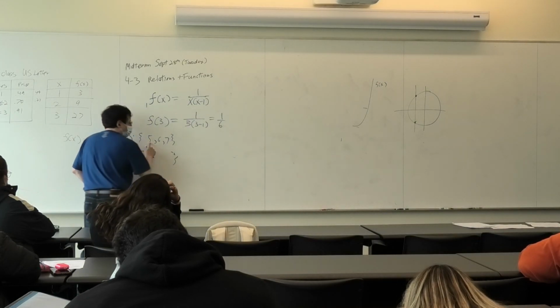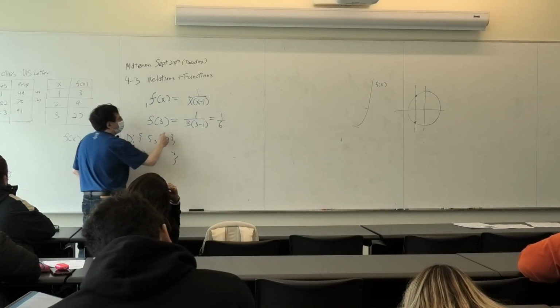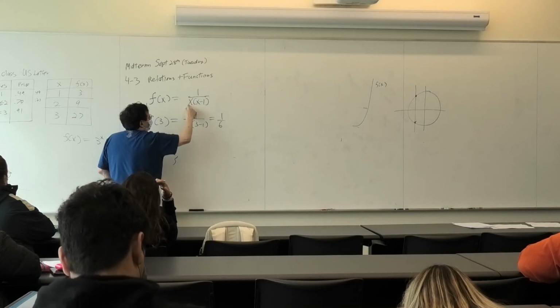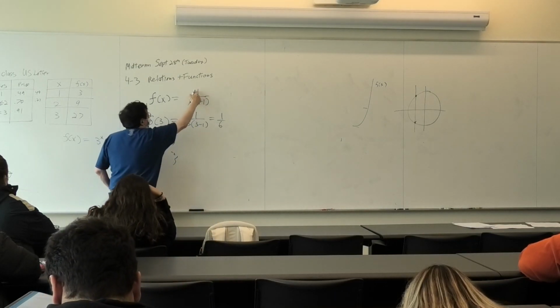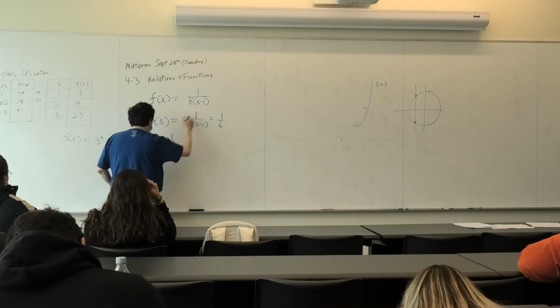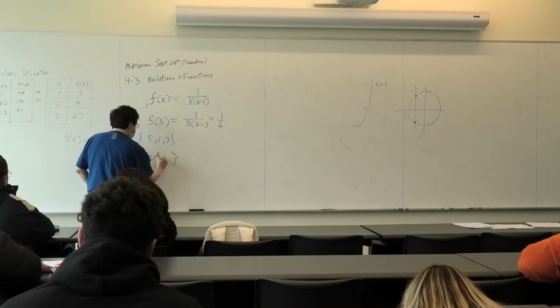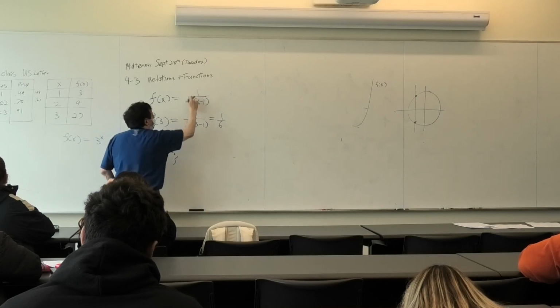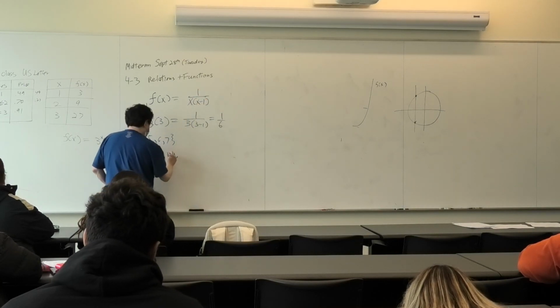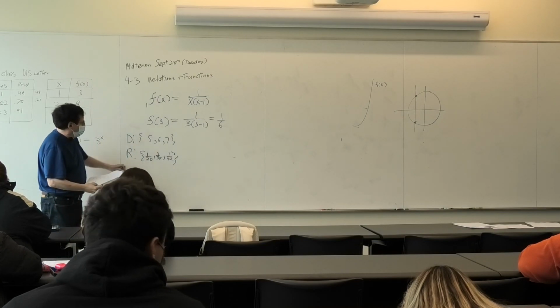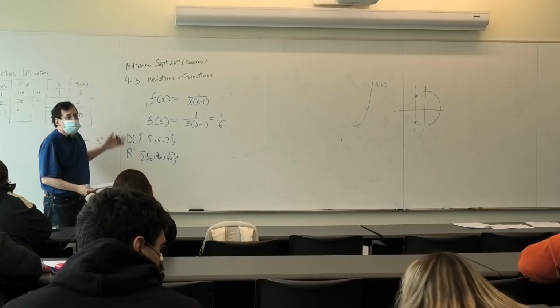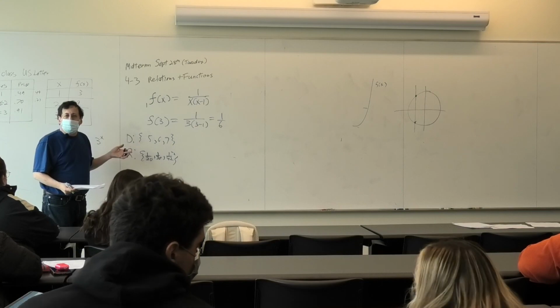Well, you just evaluate each one of these. 1 over 6 times 4. 1 over 6 times 5. And 1 over 7 times 6. So that's another way to find the range. You just have a fixed number of items. You can just plug them in.